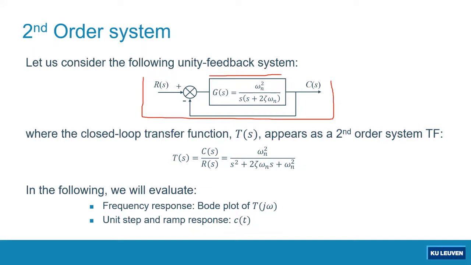If you evaluate the closed loop transfer function of this unity feedback system, T(s) will be equal to G(s) over 1 plus G(s). I write it as G here because it's not easy to write with my mouse.